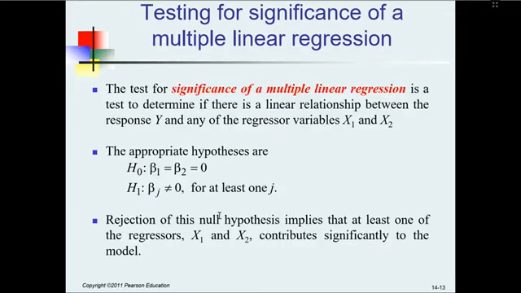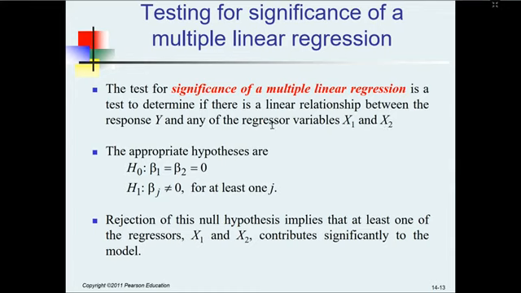So using the above, the test of significance of the multiple linear regression is a test to determine if there is any linear relationship between the response variable y and the two regressors x1 and x2. In the example over there, the regressors are price and advertising. And y is also called the response variable, and the x's are called the regressors.